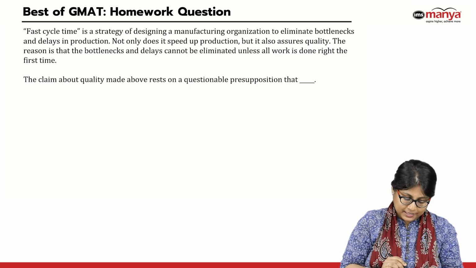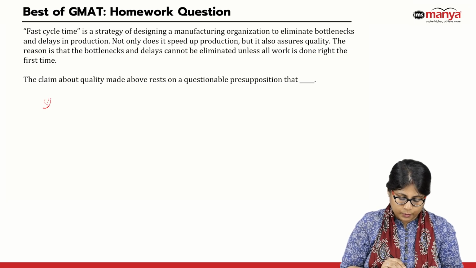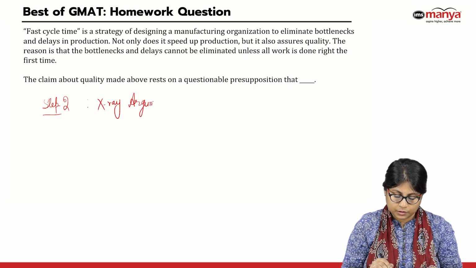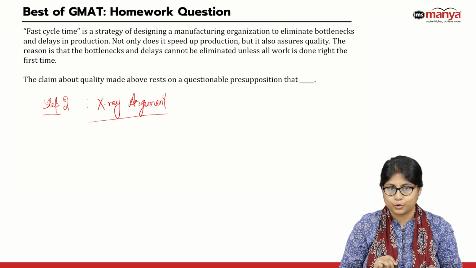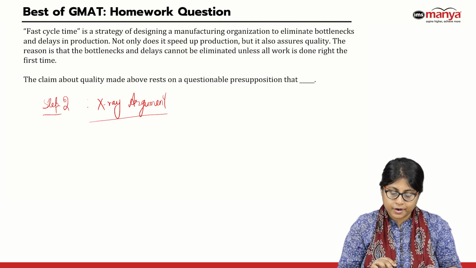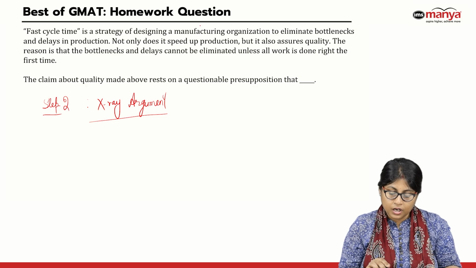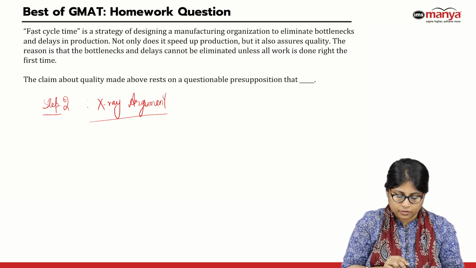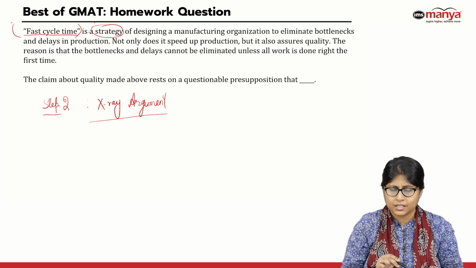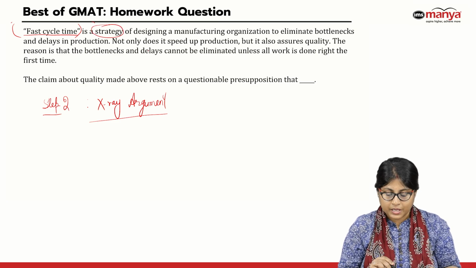Alright, so let's now deep dive into step 2, X-raying the paragraph to identify the premises and the conclusion. It says, fast cycle time is a strategy of designing a manufacturing organization. A strategy is nothing but a plan of action.